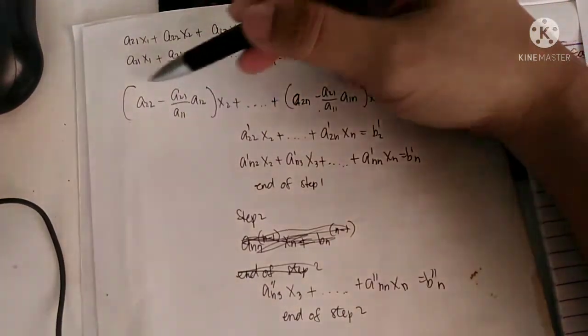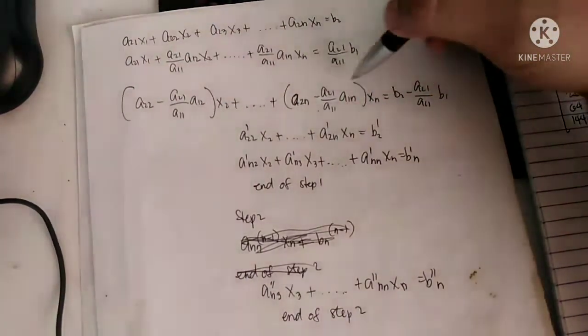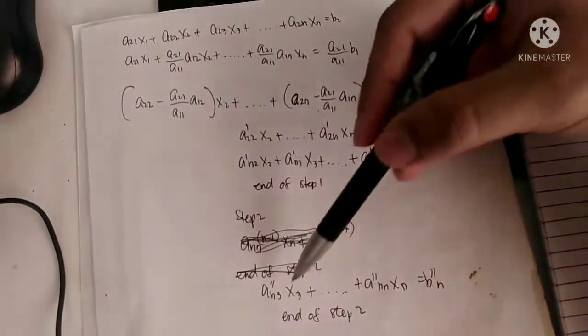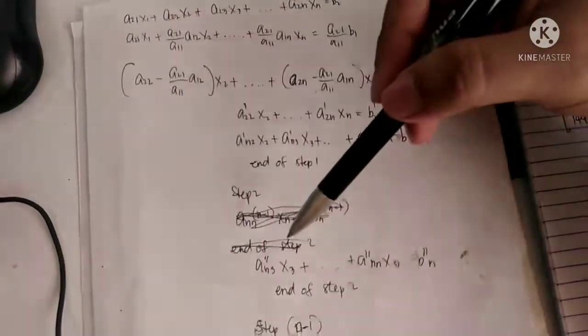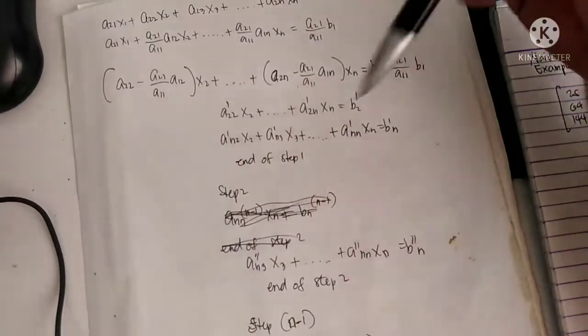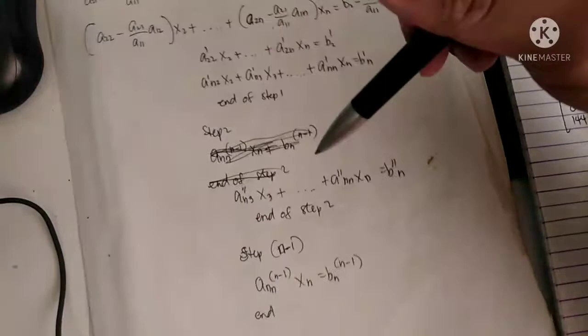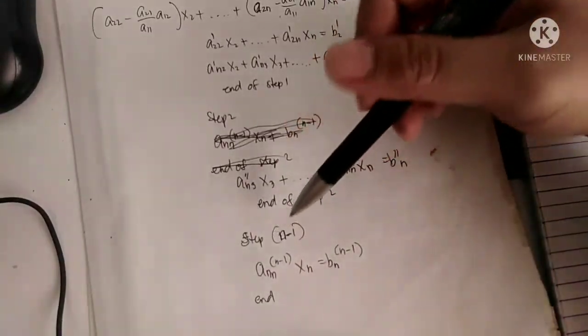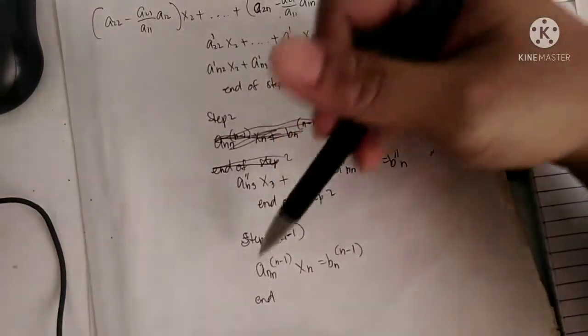It's a new value, a new coefficient if you have a prime. If you have a second prime, this is the new value of the coefficient a sub n3. After the last step, step n minus 1, only a few terms remain.